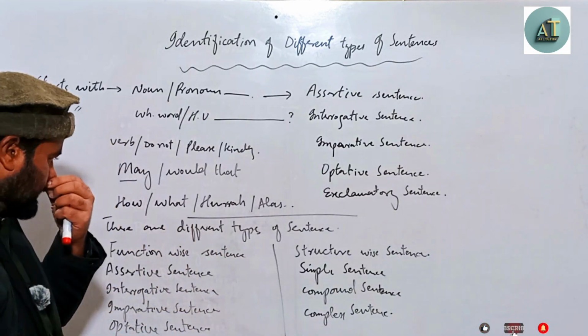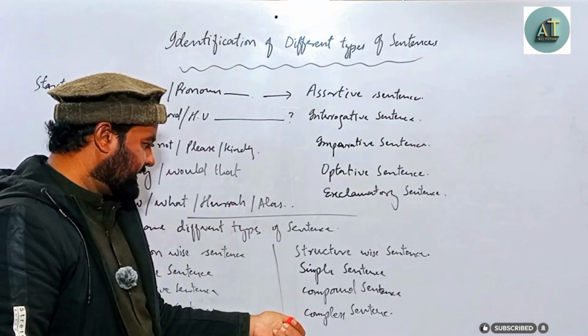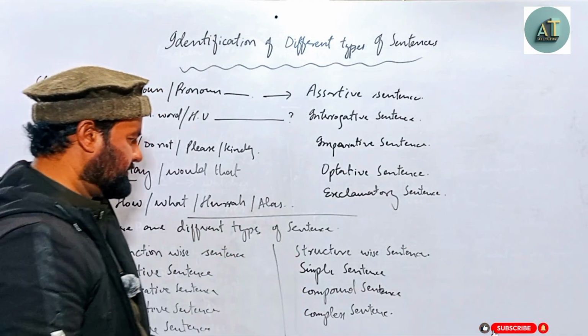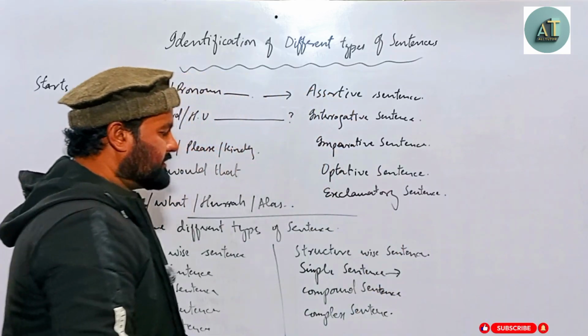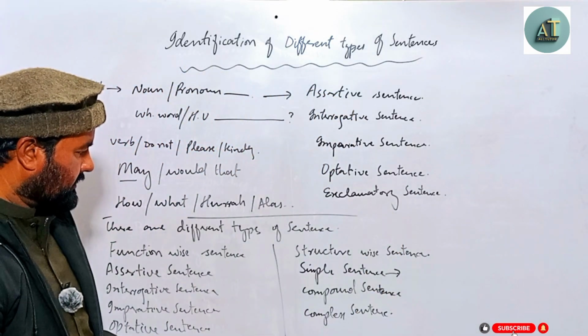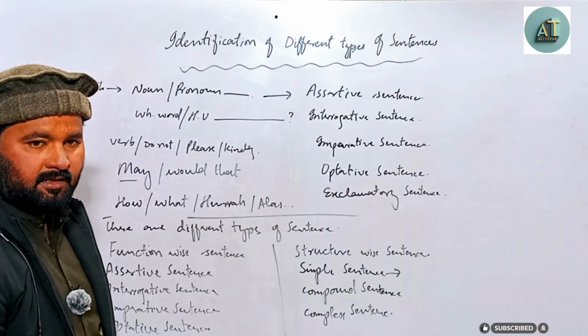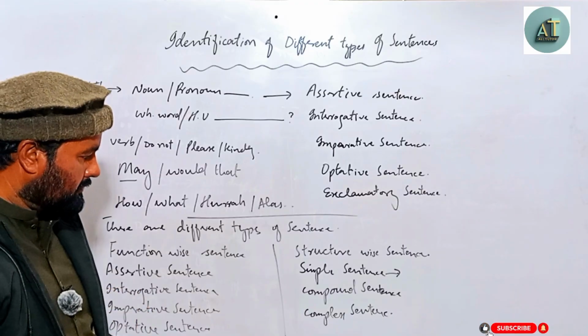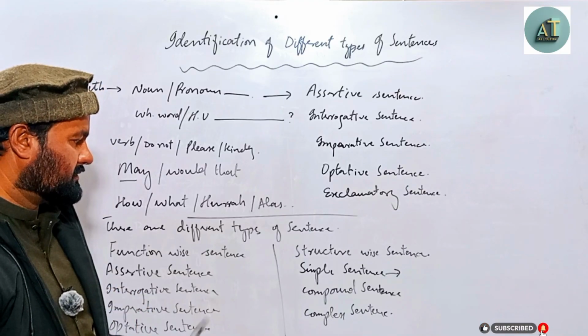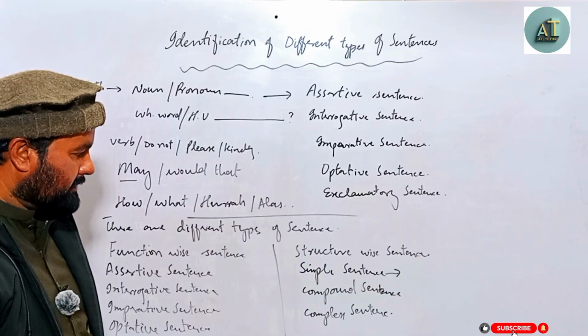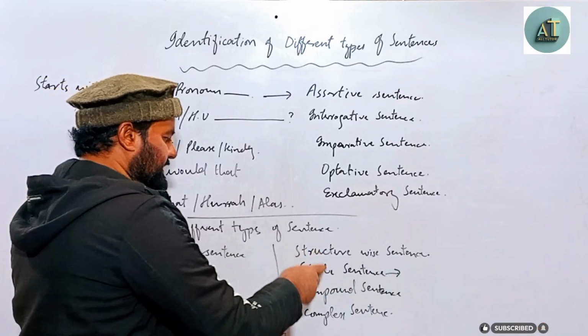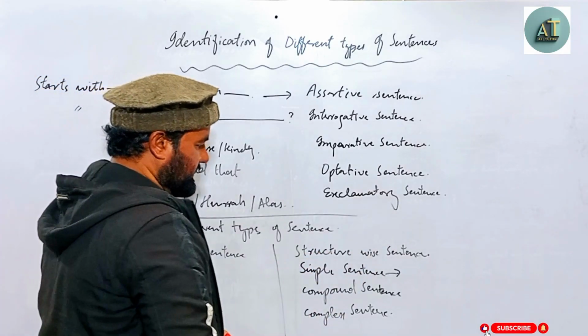But we are going to discuss structure-wise sentences. The first one is the simple sentence. A simple sentence is one that has one main verb and a single concept. A single main verb and single sense is called a simple sentence.